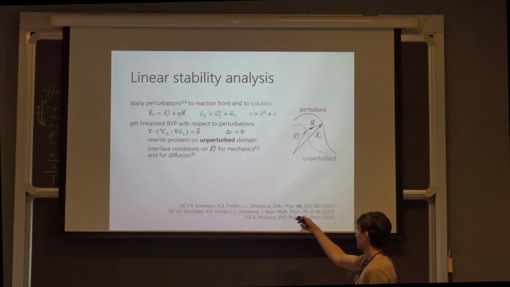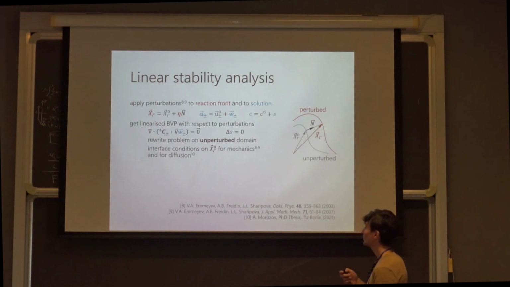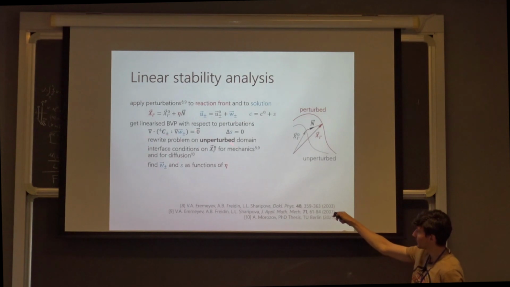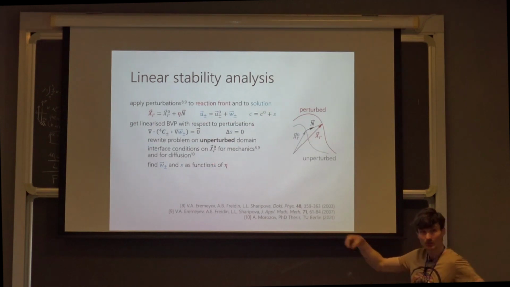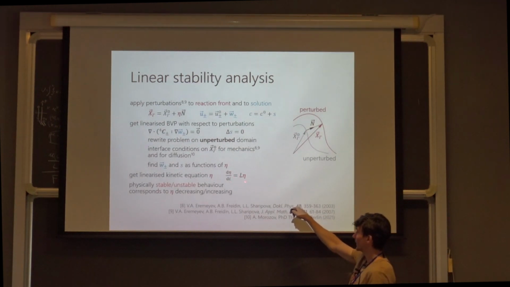For mechanics, this was done in the 2000s, and for diffusion, it was done by my co-author within his PhD thesis. Then by solving these boundary value problems, we find the perturbations of the displacements and concentration as a function of the perturbation of the interface, and then we get the linearized kinetic equation for the interface.